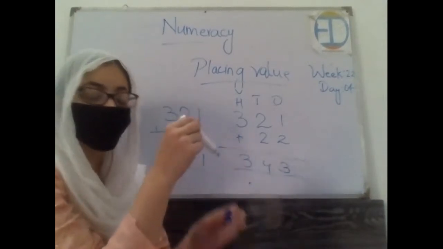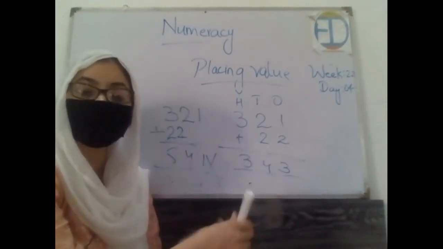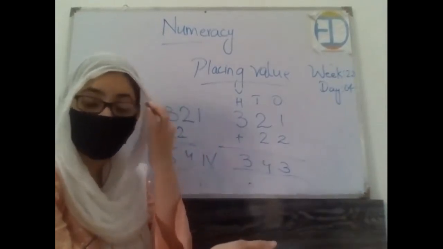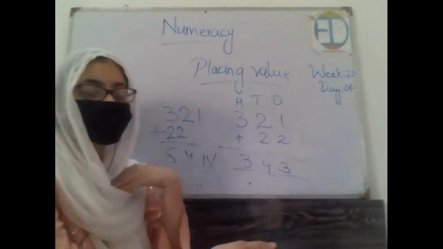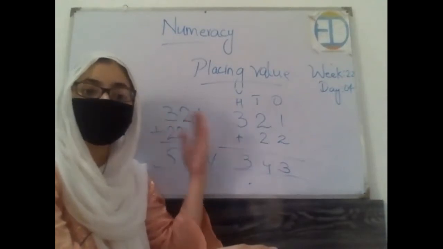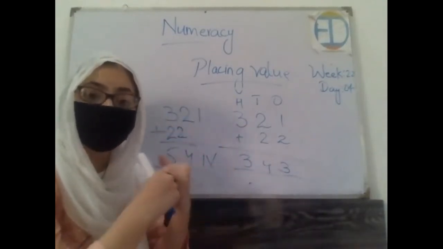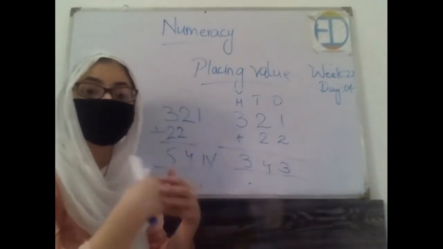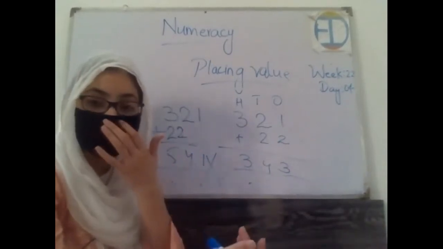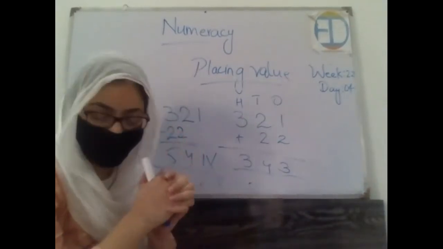And 541 is wrong because we haven't written the numbers in their exact places according to their values. So place values help us in all the mathematical functions of addition, subtraction, multiplication, division, whatever you are doing. It basically acts as the core of mathematics, right?